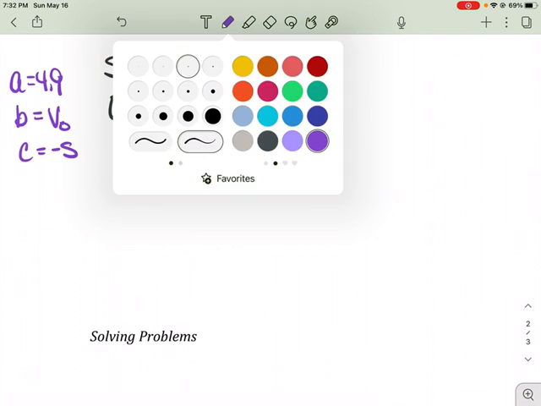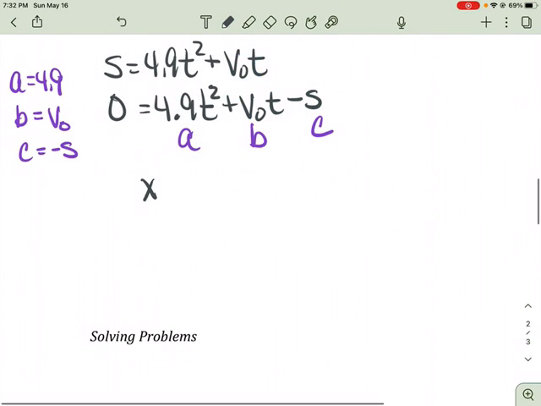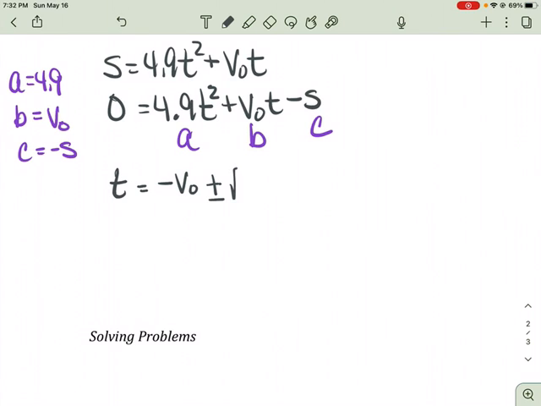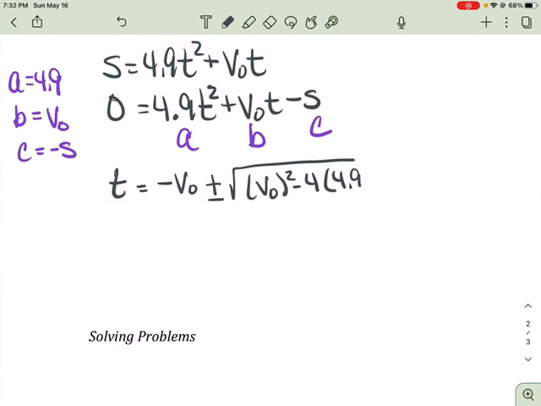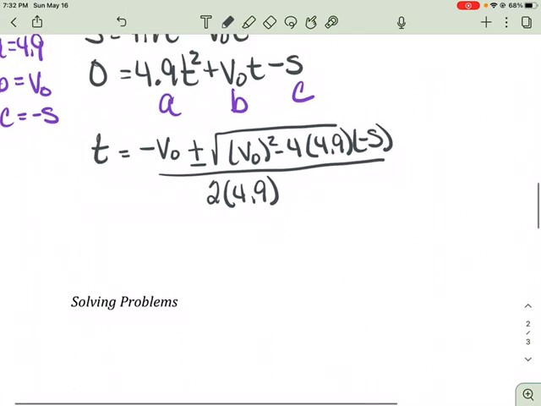So we're going to get t equals negative v sub o, plus or minus the square root of v sub o squared minus 4, a is 4.9, c is negative s, all over 2 times 4.9.